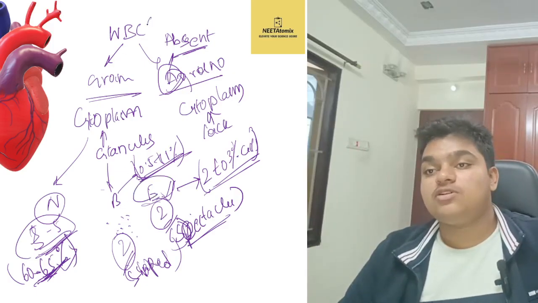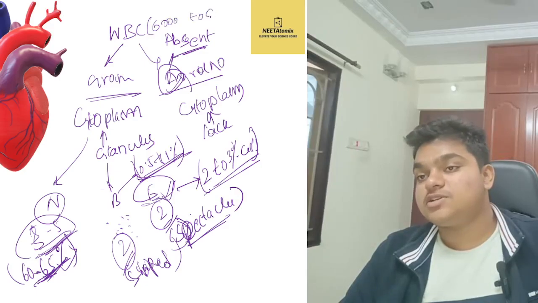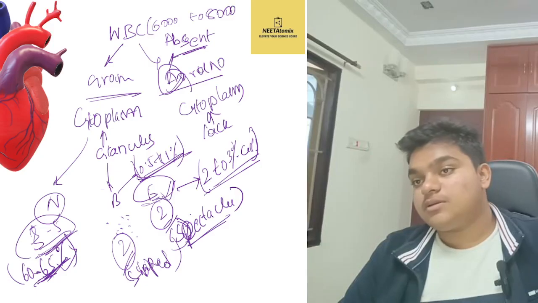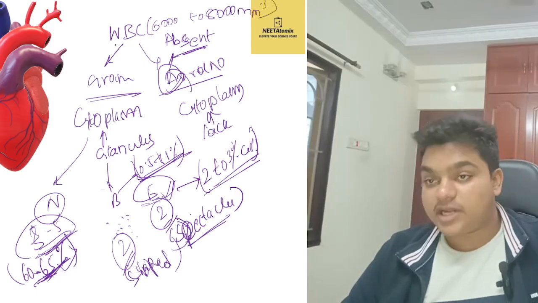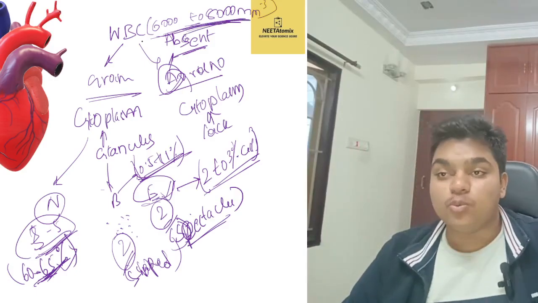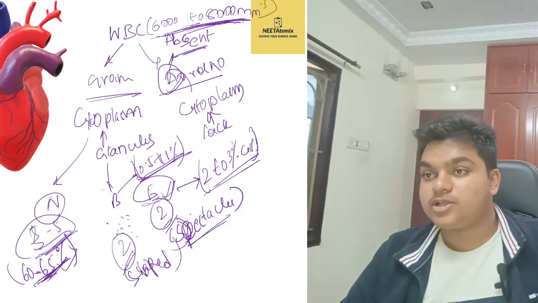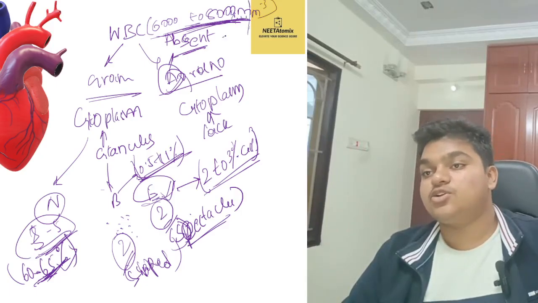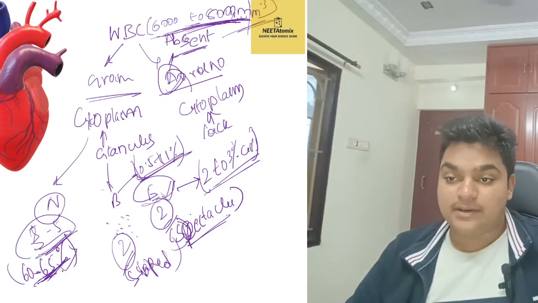The total amount of WBC is 6,000 to 8,000 as per your NCERT, but it is usually 4,000 to 11,000. When you come to your higher classes you will learn that, but as per your NCERT, remember this: 6,000 to 8,000 cells per millimeter cube of blood.